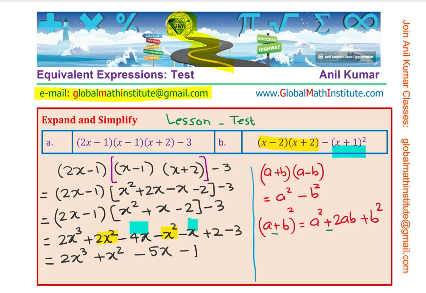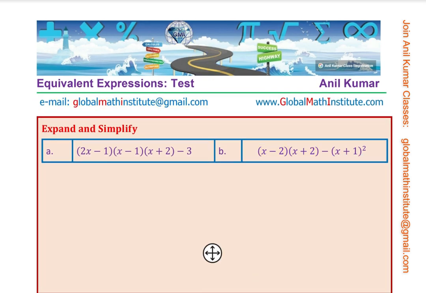Let's move on and see how we simplify this second expression. So let me rewrite it, which is x minus 2 times x plus 2, and then we have to take away x plus 1 whole square. Now we are applying the difference of squares here.